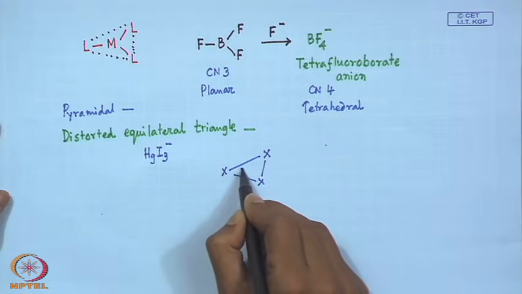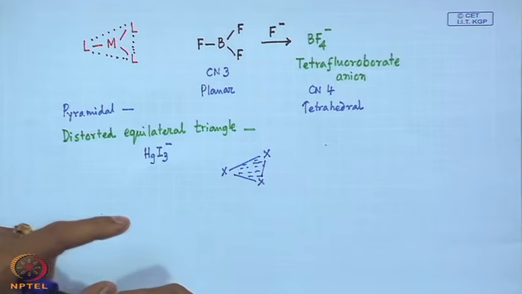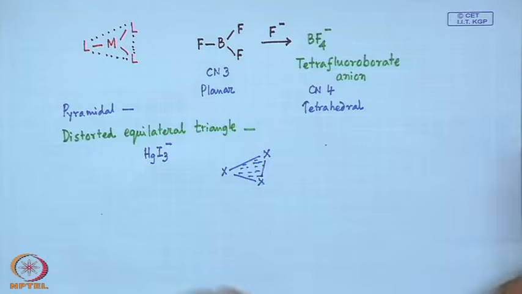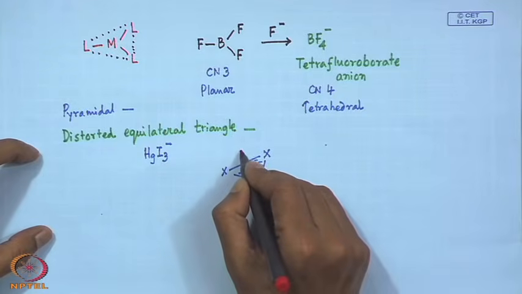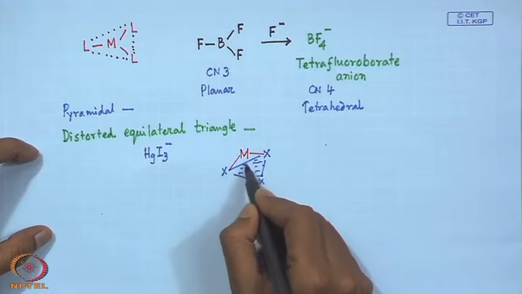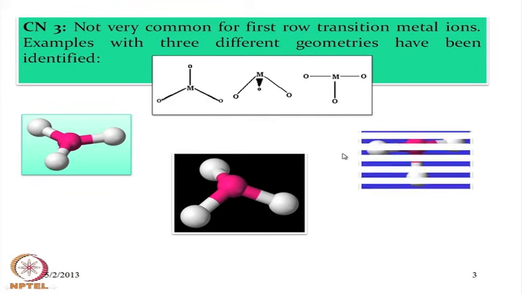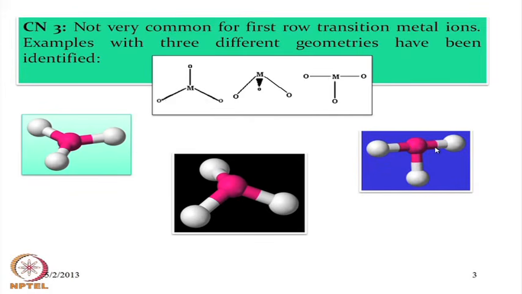If these 3 ligands are in plane and the metal center is sitting above, we get a pyramidal geometry.